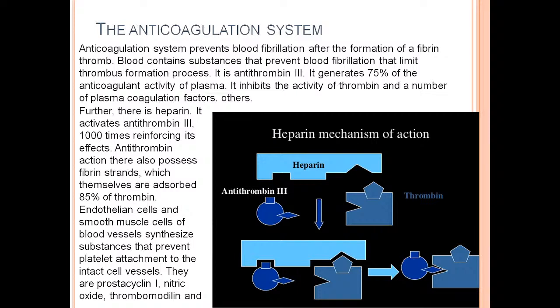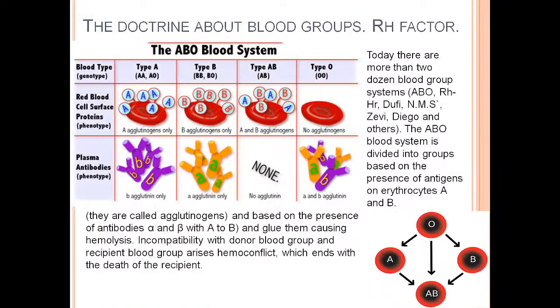Impulses from them come to the gigantocellular nucleus of the reticular formation of the medulla oblongata, and then by efferent pathways to the reticuloendothelial system, liver, and lungs. As a result, substances that stimulate fibrinolysis are formed.